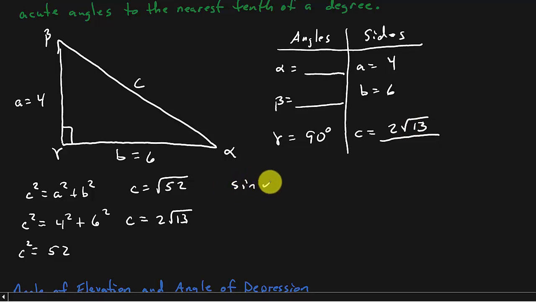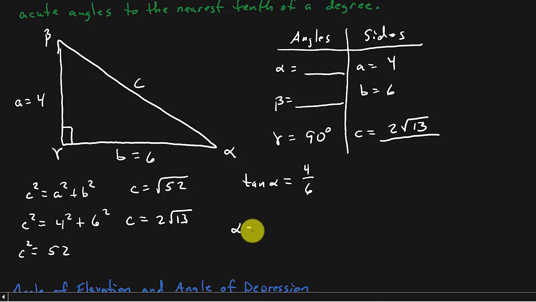So I know that sine alpha is equal to what? Opposite over hypotenuse. You see that? I'm sorry, opposite over adjacent. I had a little moment there, didn't I? How about tangent alpha is equal to opposite over adjacent? Does that sound a little better?